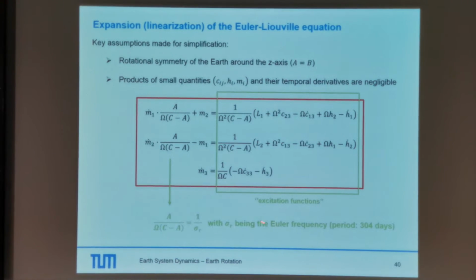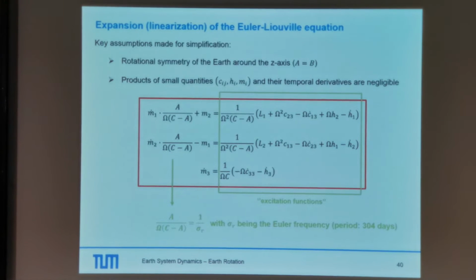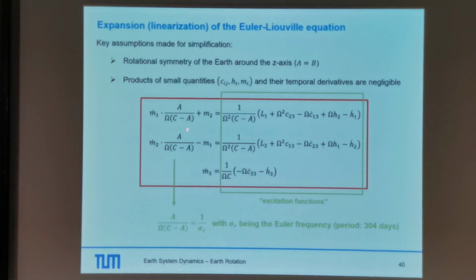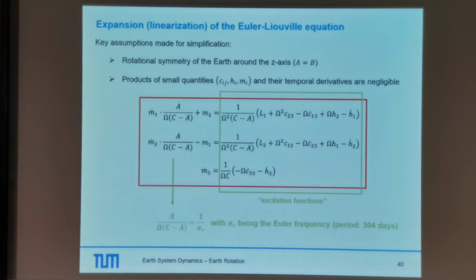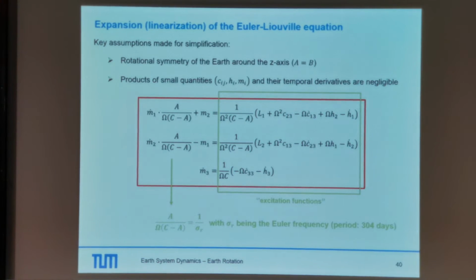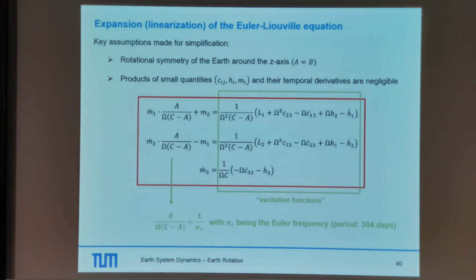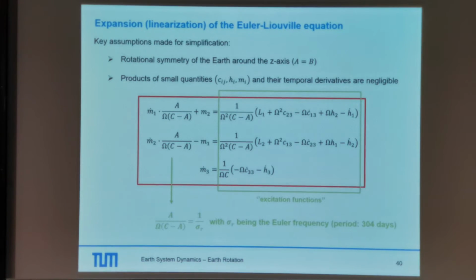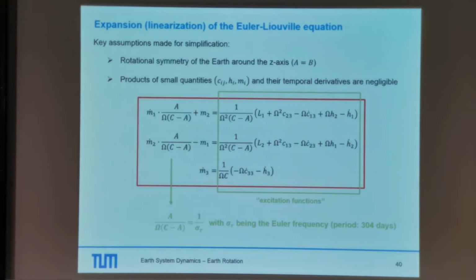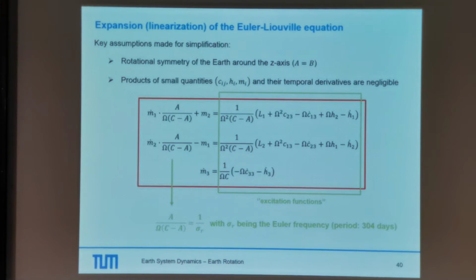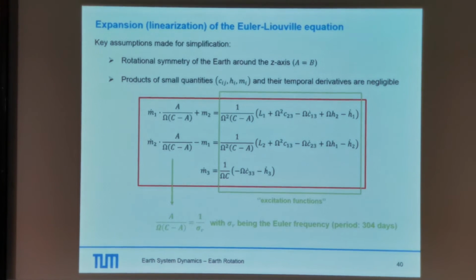It is named Euler frequency because, since these are time-invariant, constant parts, they account for a non-deformable body. So here we do not have any deformations of the Earth body involved. All the deformations in the Earth body are concentrated on the right-hand side of the equation system, as it is shown here.